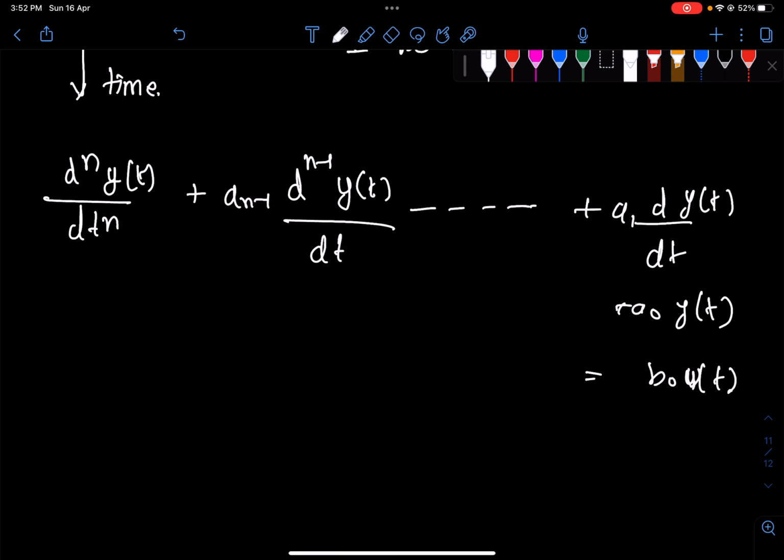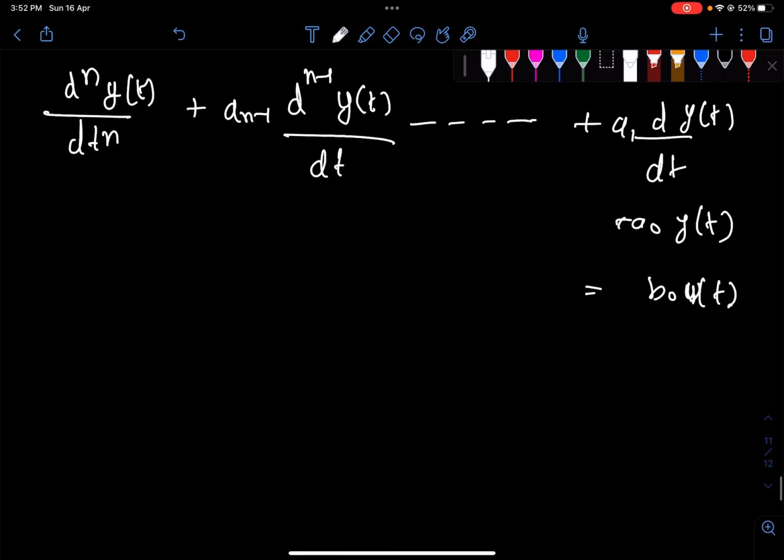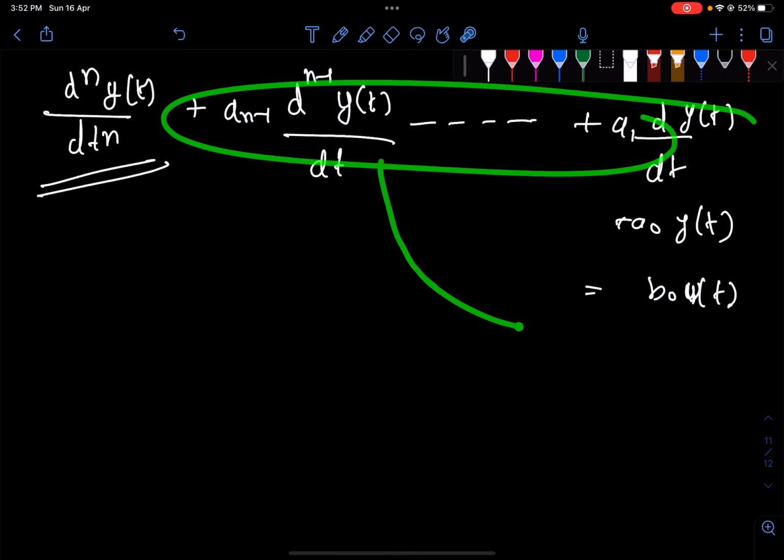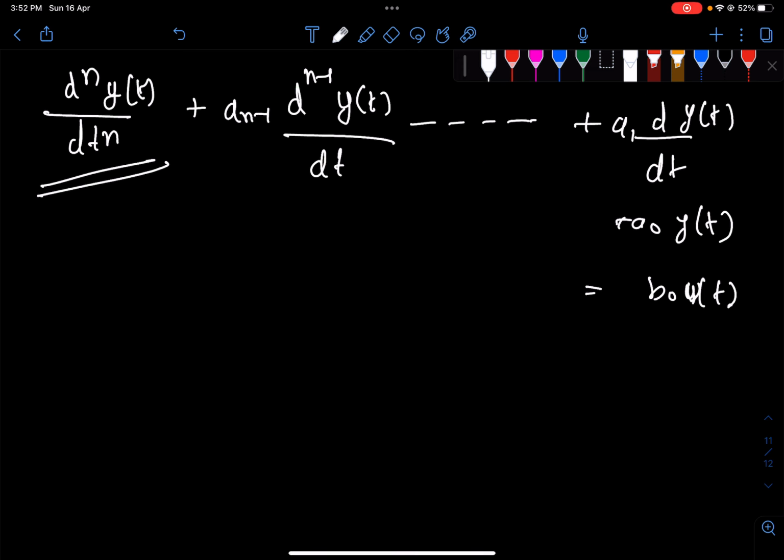So the next method we usually do is what? We will retain the highest power on the left hand side, and we will shift all the others to the right hand side. Right, so the nth derivative of y of t will look like what?